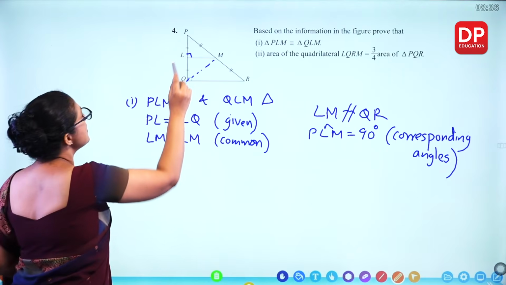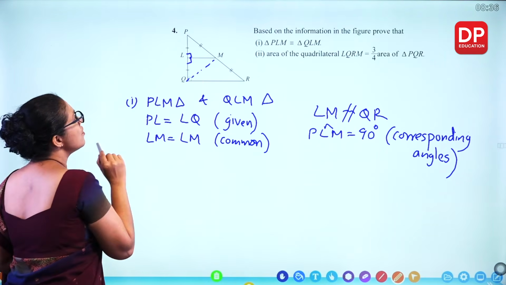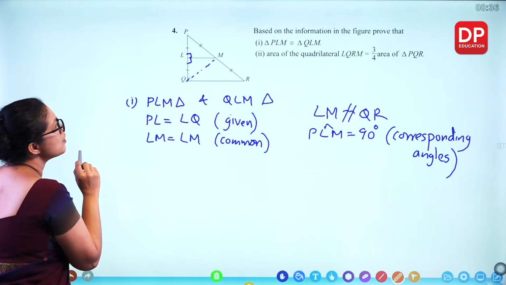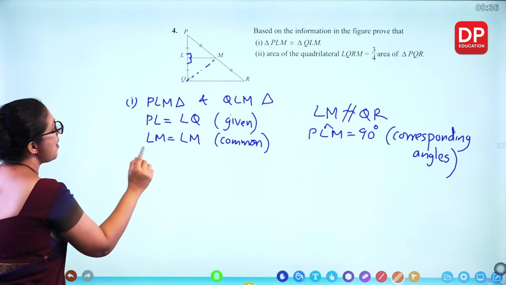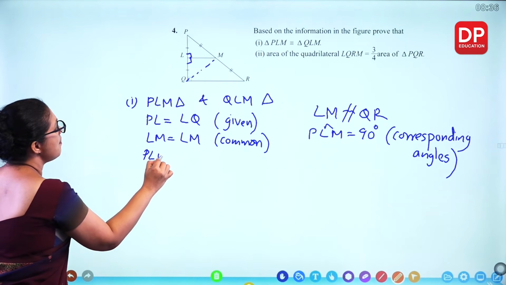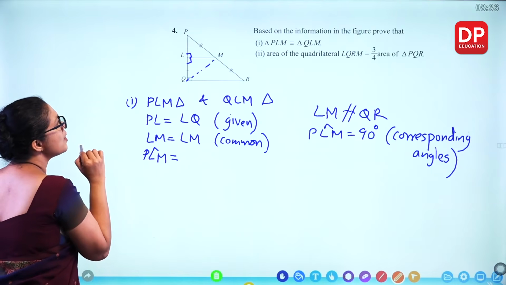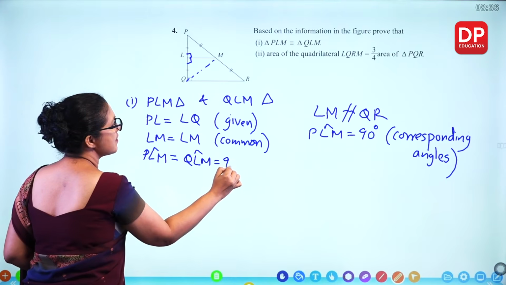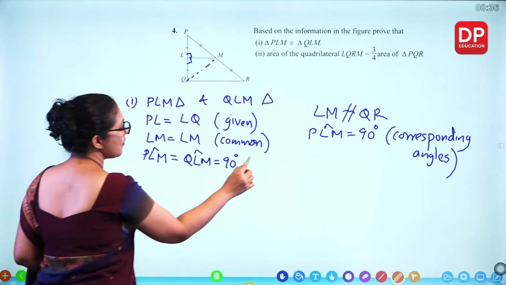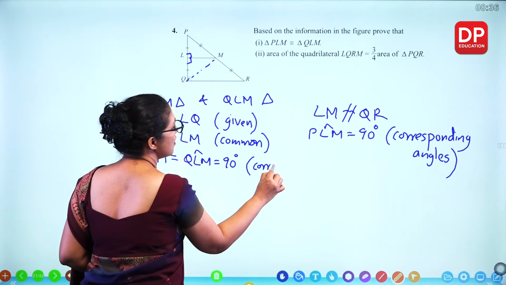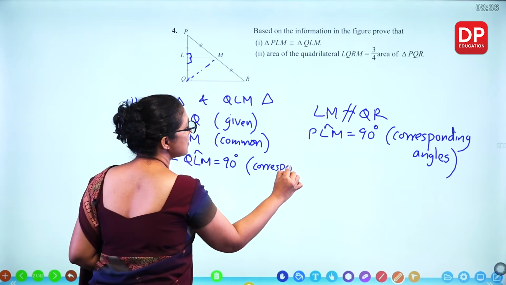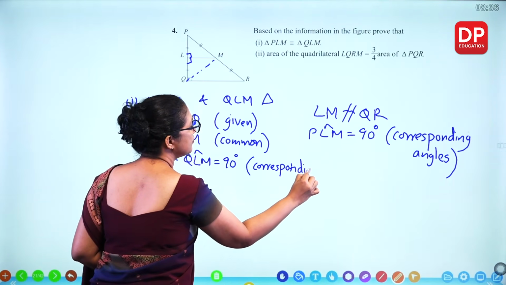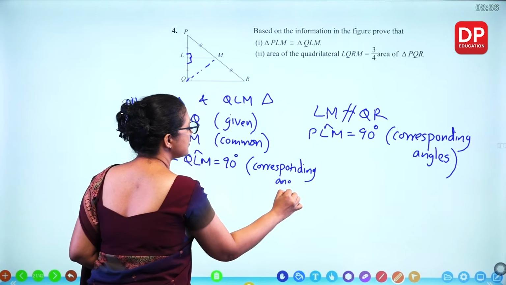Now we know this is 90, so this is also 90. So when you take the two triangles, I can write PLM angle is equal to QLM angle, that's 90 degrees because of corresponding angles.